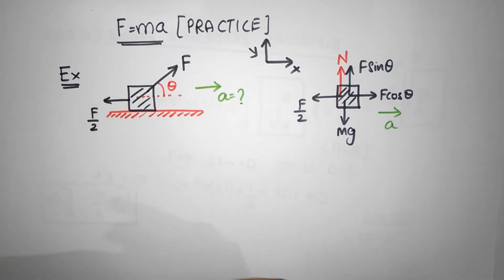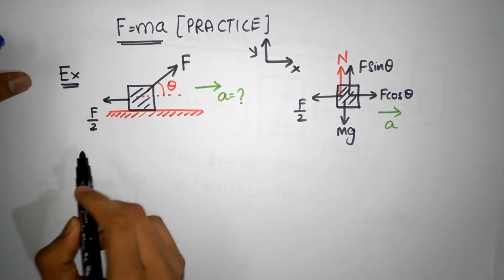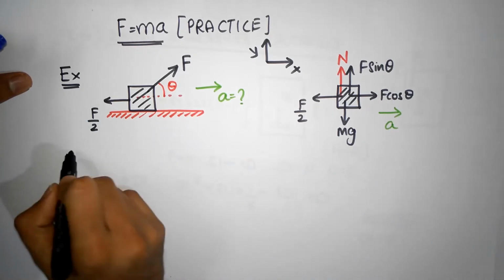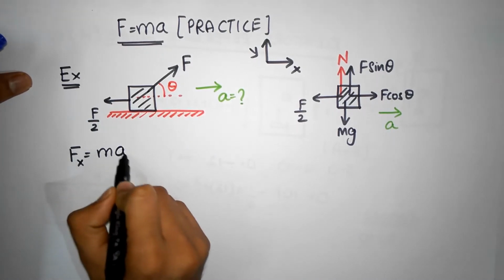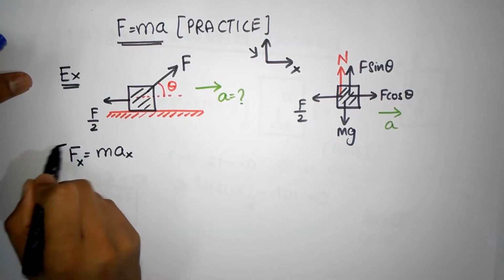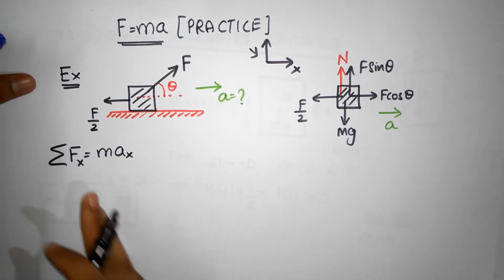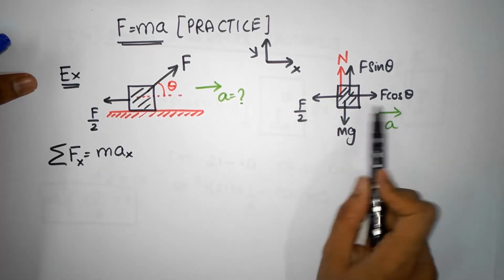Now we're going to apply Newton's second law: net force equals mass times acceleration, in the horizontal separately, and in the vertical separately. This is a net force. Some people like to put sigma over here just to indicate that it's the net force. If you like that, we'll use that as well. There are 2 forces in the horizontal direction.